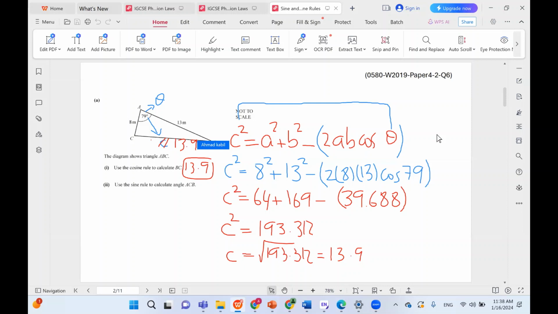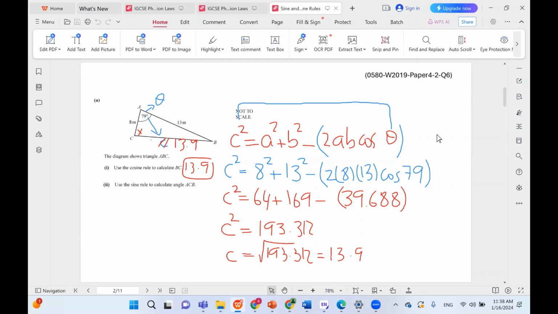And then for the sine rule, for part ii, we want to use the sine rule to calculate angle ACB. So let's just put x here, for example, for angle ACB. This is the angle we're trying to figure out. And the sine rule says that every side over the sine of the opposite angle gives you the same result.